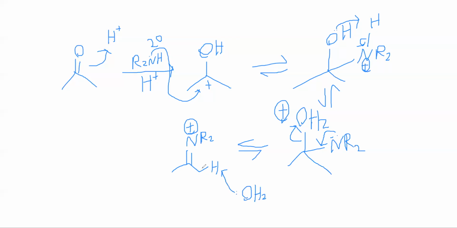It's going to take that proton and it's going to do this electron flow. It's kind of like an elimination reaction, except we're not eliminating anything. We're just, I guess, eliminating the positive charge on the nitrogen, but we're just forming a carbon-carbon double bond. And this is an enamine.